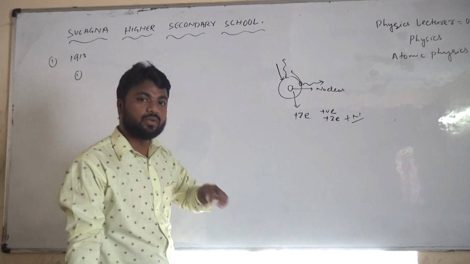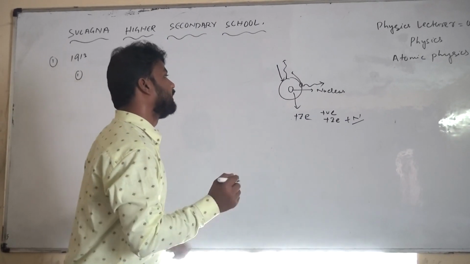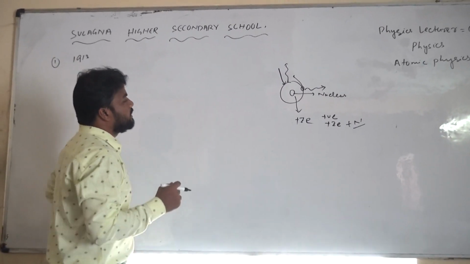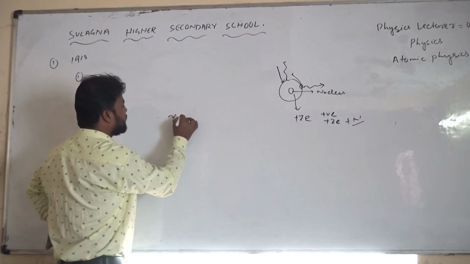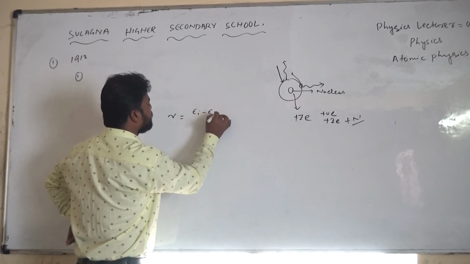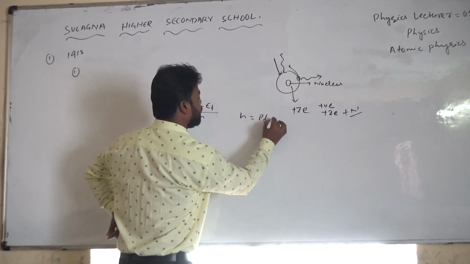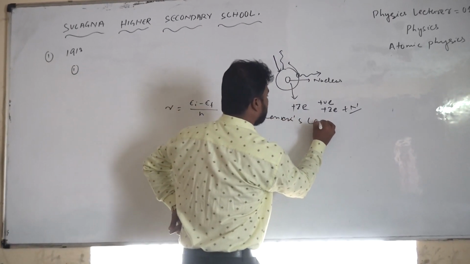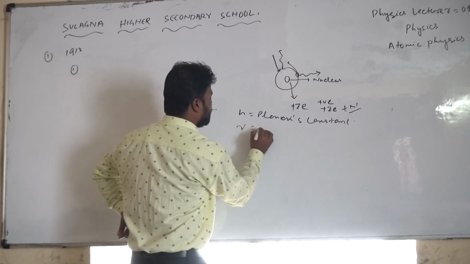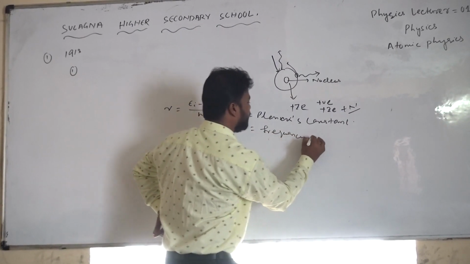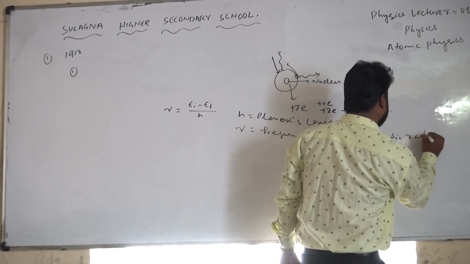Due to the change from the initial orbit to the final orbit, the frequency of the radiation is nu equal to E_i minus E_f by h, where h is Planck's constant and nu is the frequency of the electromagnetic radiation.